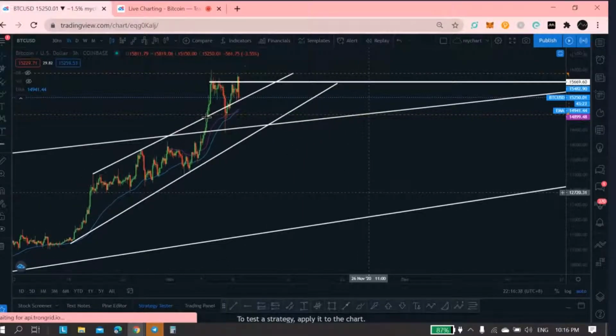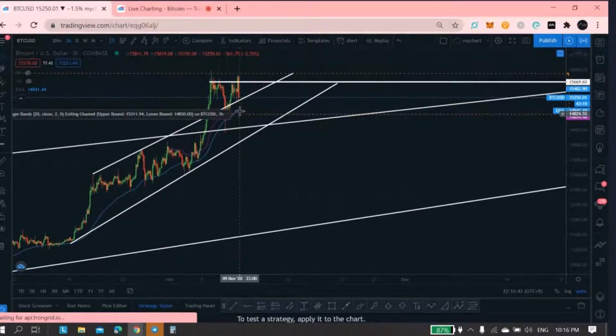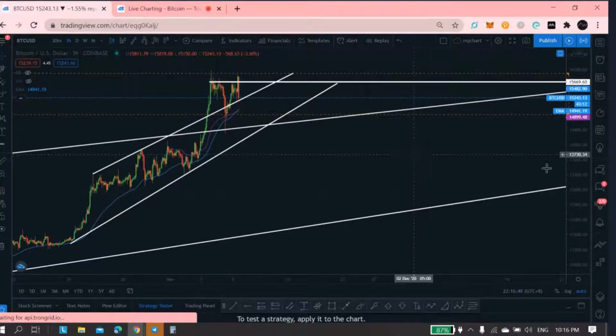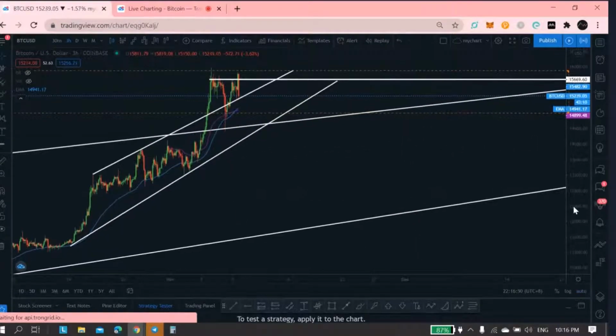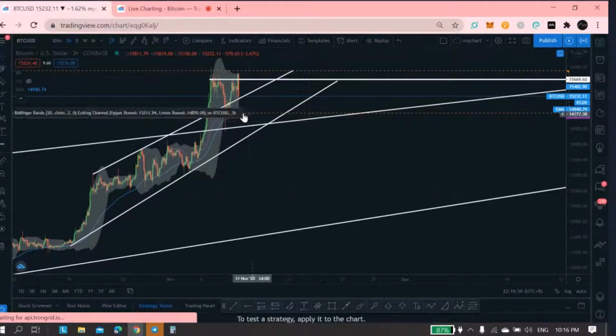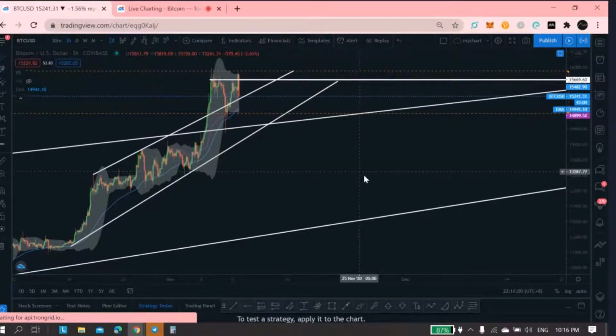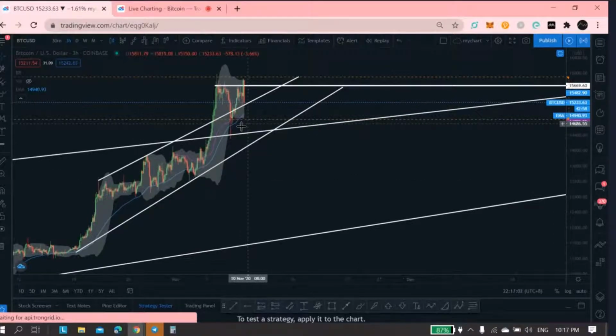So let's see, possible support. I hope it holds at this area, the 14,800 area. And this is the Bollinger Band. Even the Bollinger Band is also pointing at this area as a strong support area using the 3 hours time frame.